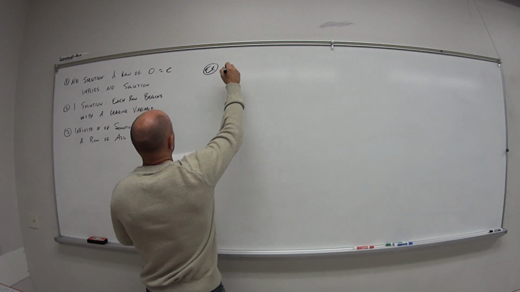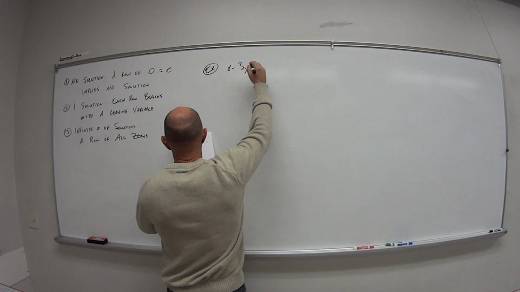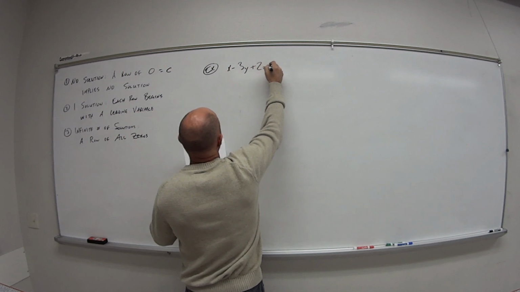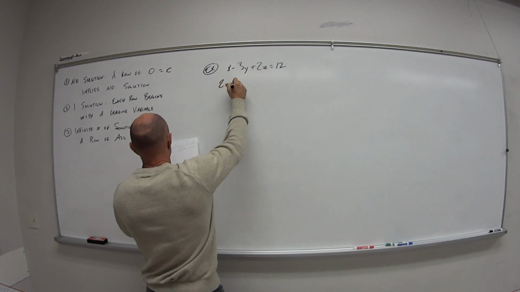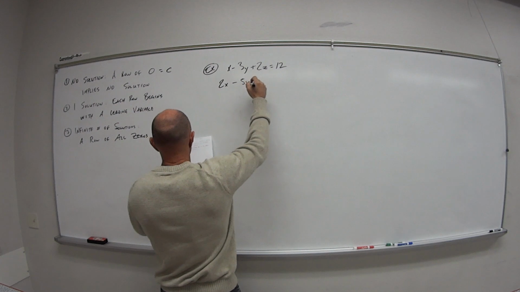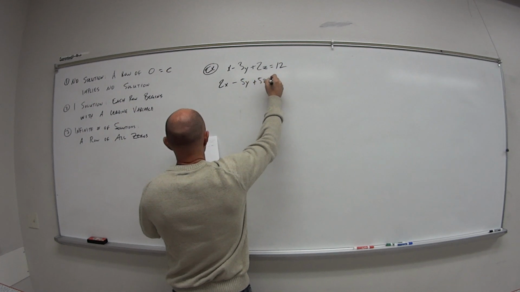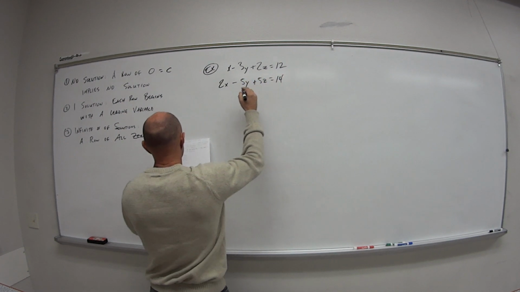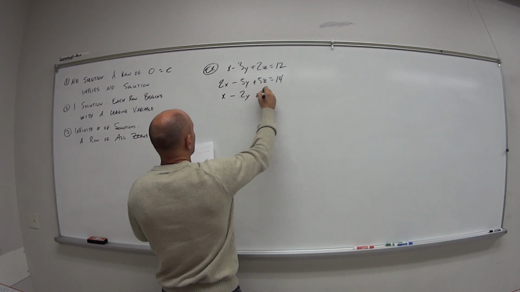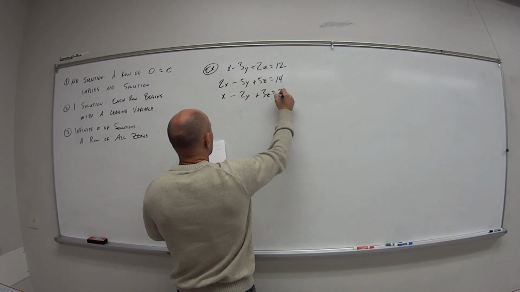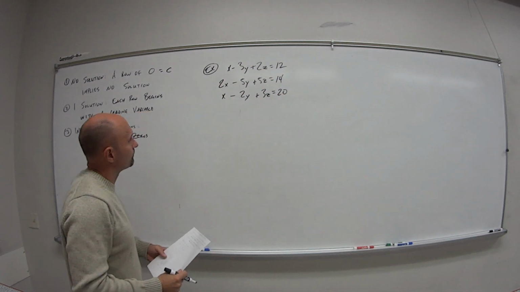Let's say we have x minus 3y plus 2z is 12. 2x minus 5y plus 5z equals 14. And x minus 2y plus 3z is equal to 20.